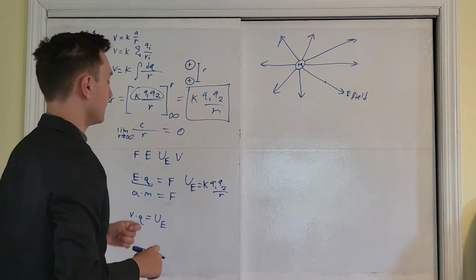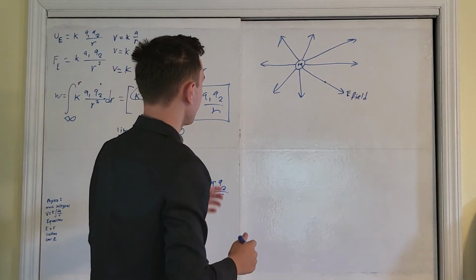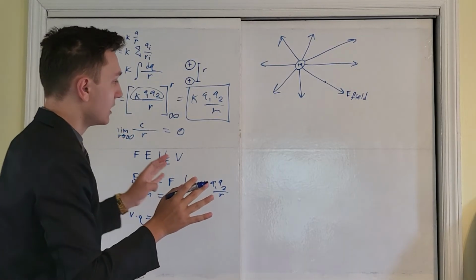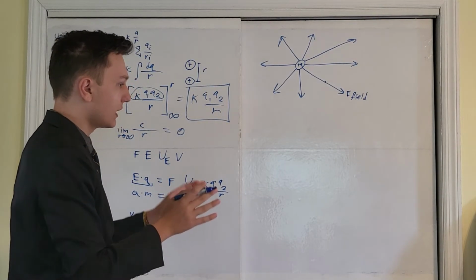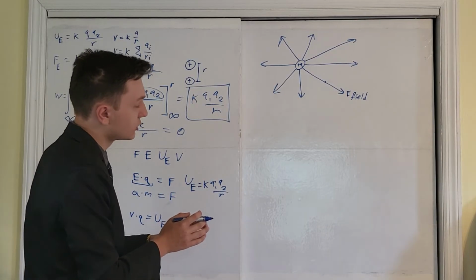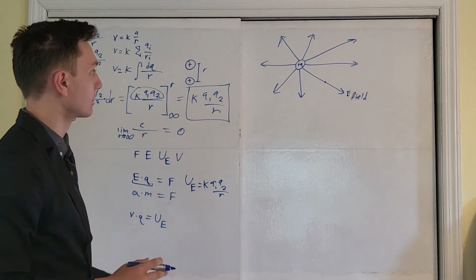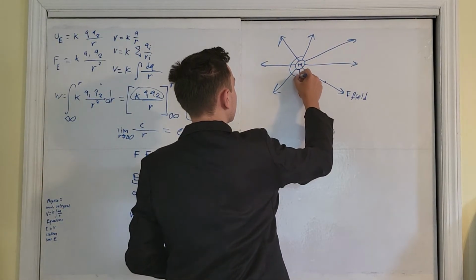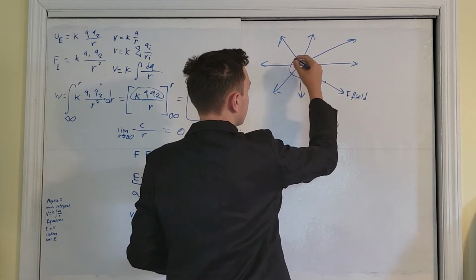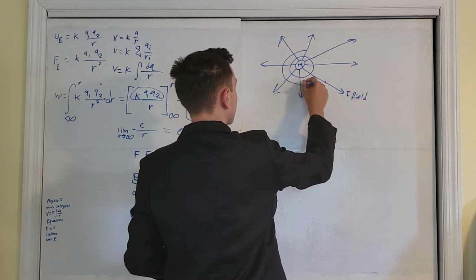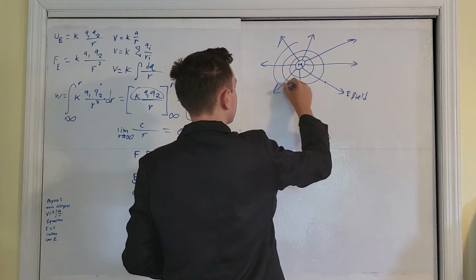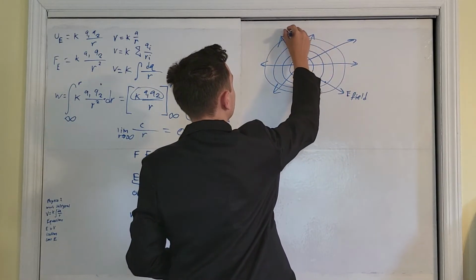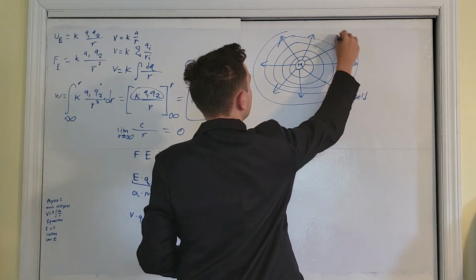Consequently, you have electric potential isolines, meaning that if we take a look at potential energy, your potential energy is greatest near the charge, and it decreases the further away you get from the charge for positive particles. So this would be maybe plus 10 volts, plus 8 volts, plus 6 volts, plus 4 volts, plus 2 volts, and so on.